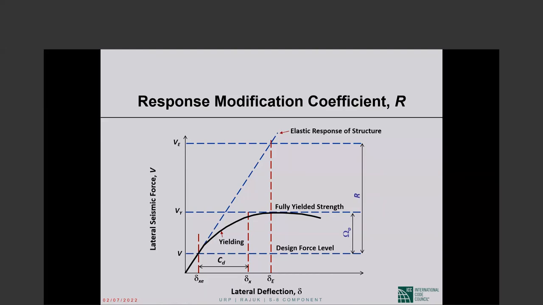Okay, so R, C sub D, omega sub 0 is, so the two things we talked about, R and C sub D, are at the system level for the whole structure. Omega sub 0, no matter what you see or read, even codes are sometimes kind of sloppy that way, omega sub 0 we use at the member level.